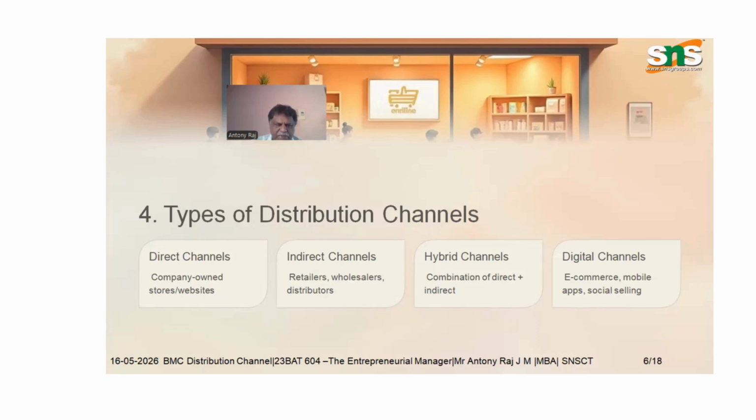Indirect channels are where the company is not selling directly to the customer, but through retailers, wholesalers and distributors. The hybrid channel is a combination of both direct and indirect channels. And then digital channels: e-commerce, mobile apps, and social selling. These digital channels are playing a very big role today.